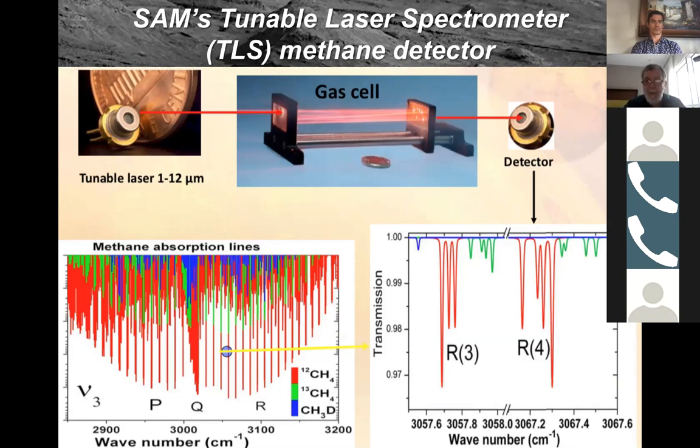And you see detecting methane in red. These are particular rotational vibration lines of methane, and deuterated methane in blue, and another isotope of carbon in green. And so you see we could get isotopes of methane if we have enough of it with the tunable laser spectrometer.